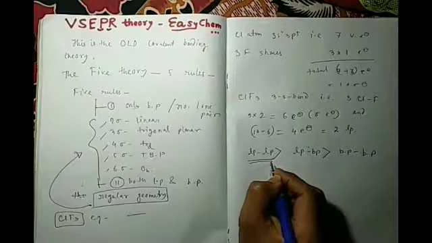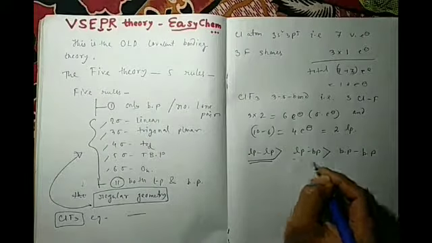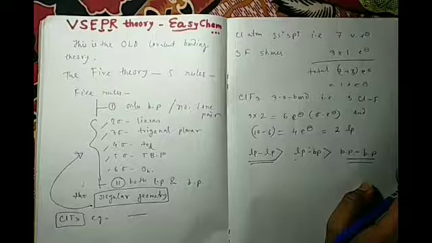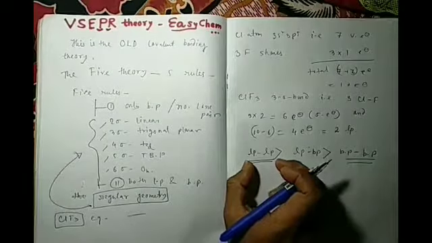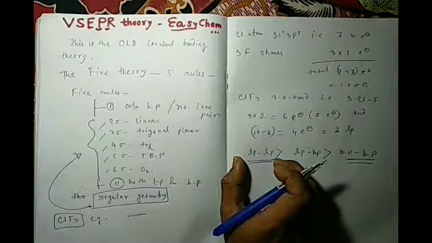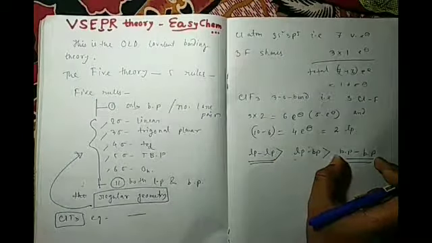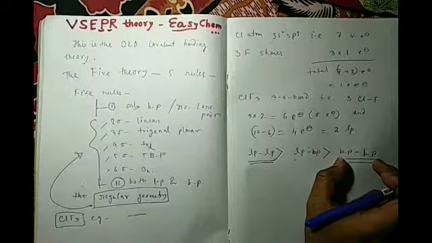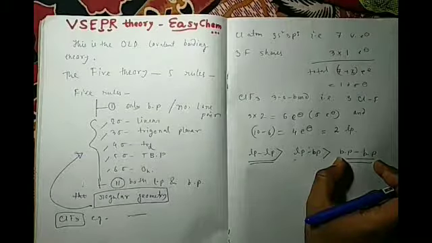So this is more repulsion and this is less repulsion. Now when lone pair repulsion occurs, the molecule becomes destabilized, and in this case a slightly stable structure is formed.